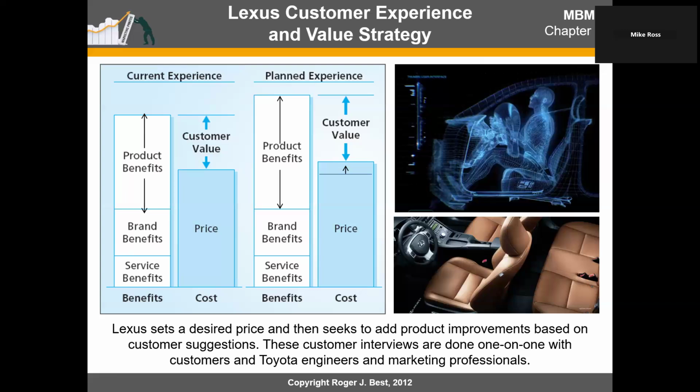Even if the price is higher for the Lexus, if you value those higher-end benefits, it would still have more customer value for you as an individual than, let's say, that same person looking at a Camry. So again, it's important to appreciate the level of subjectivity in each one of these buying situations.